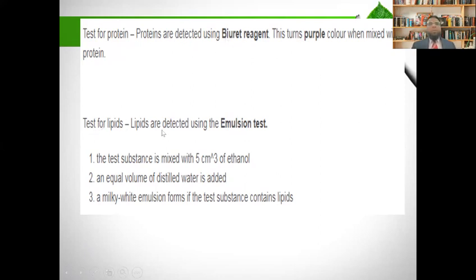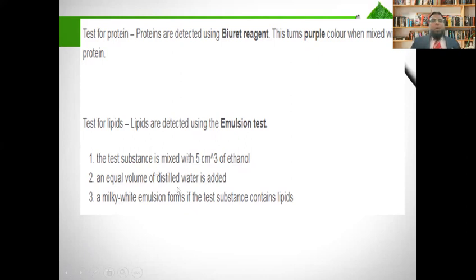Test for lipids. Lipids are detected using the emulsion test. What is this test? The test substance is mixed with 5 cubic centimeters of ethanol. For example, if you have a sample of oil or fats, you put it into the test tube and then add about 5 cubic centimeters of ethanol, or ethyl alcohol.